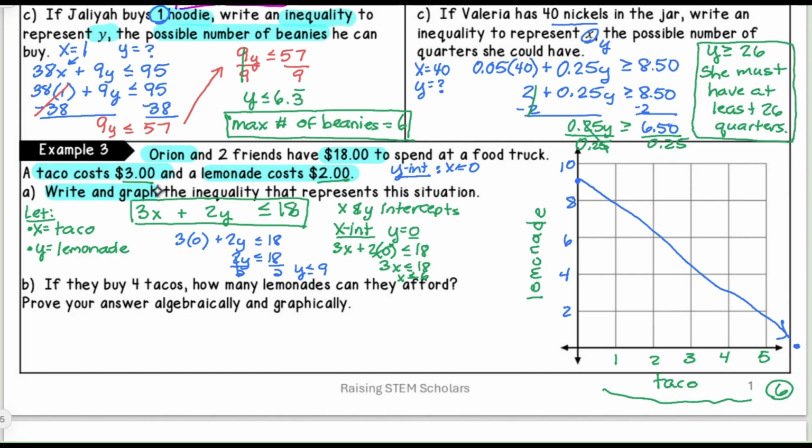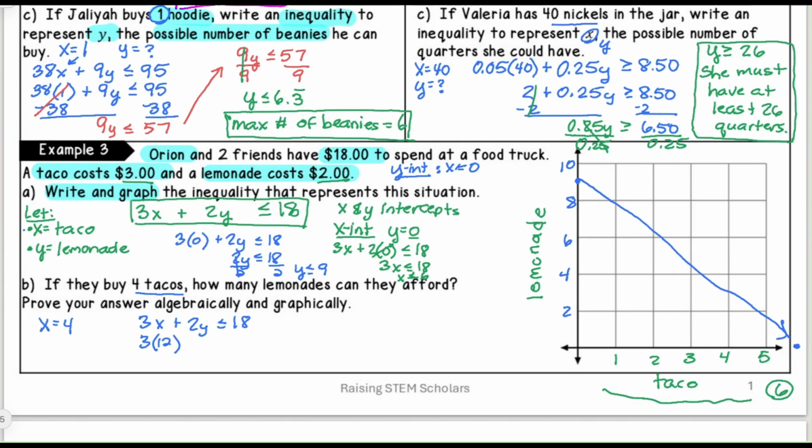All right. So the last question is, if they buy 4 tacos, my tacos were defined as x. So my x, I'm going to put 4 in that equation. Okay. So we've got 3x plus 2y is less than or equal to 18. We get 3 times 12. Whoops.